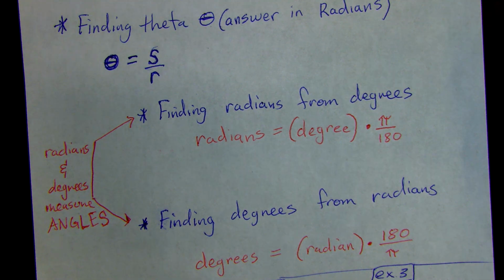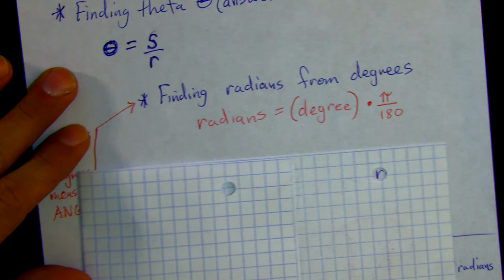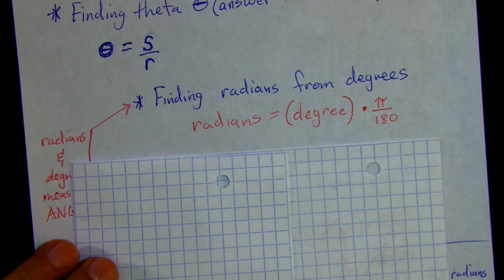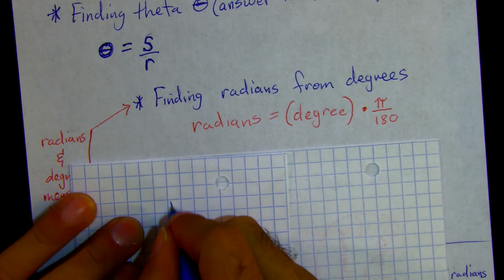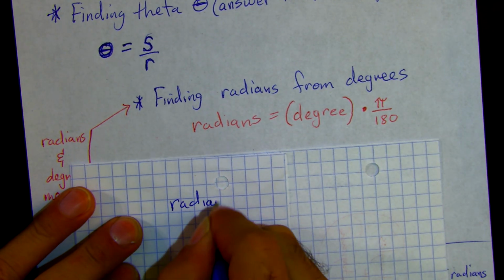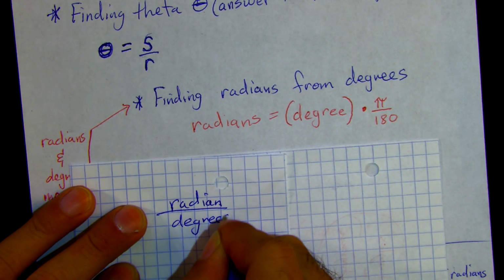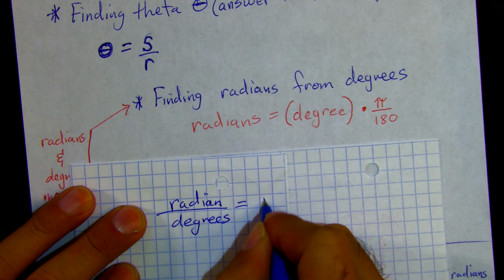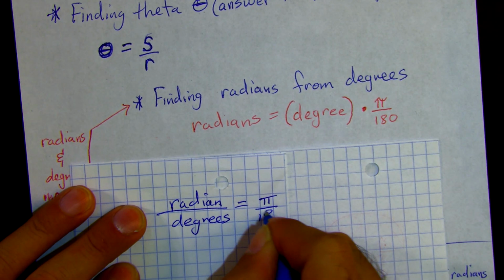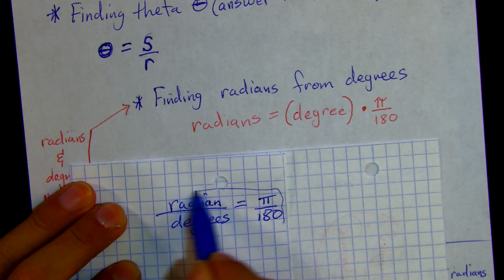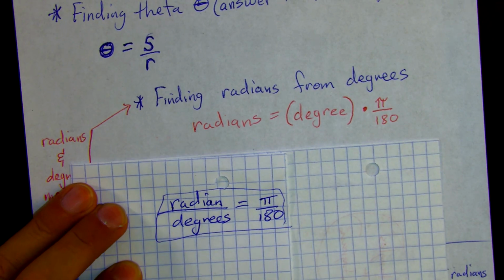Anytime you're converting between units, you are looking at radians to degrees. You don't have to write this. Pi over 180. I'm going to revisit this idea when we get to our next lesson.